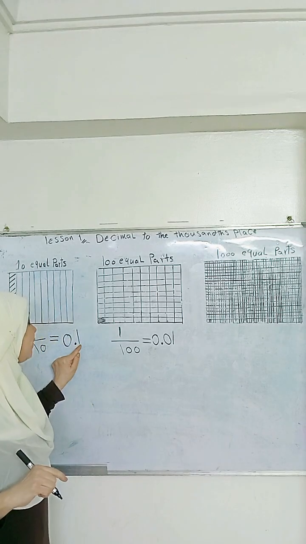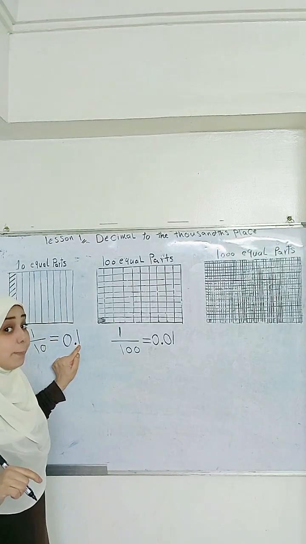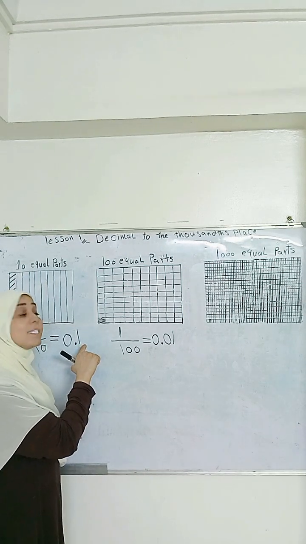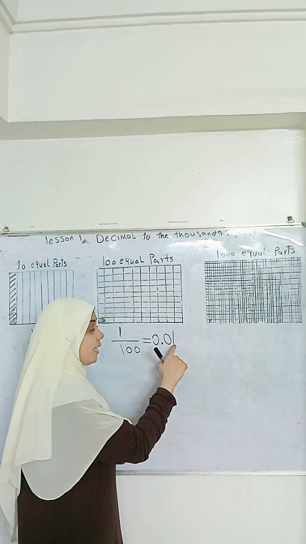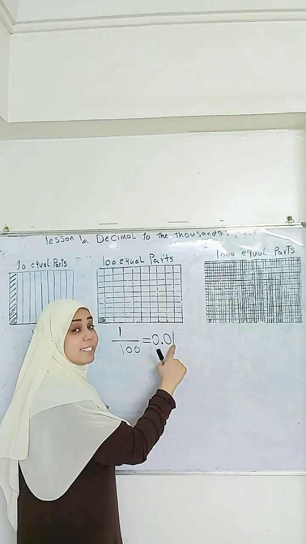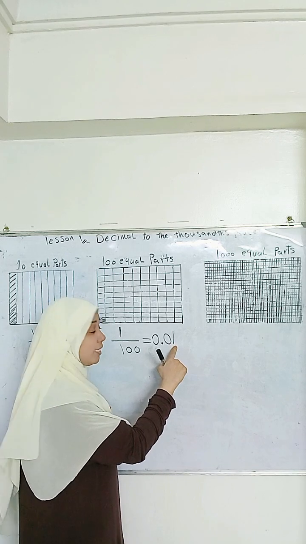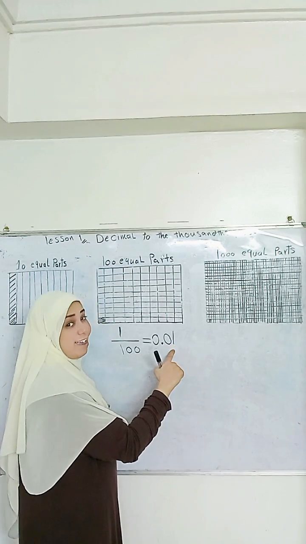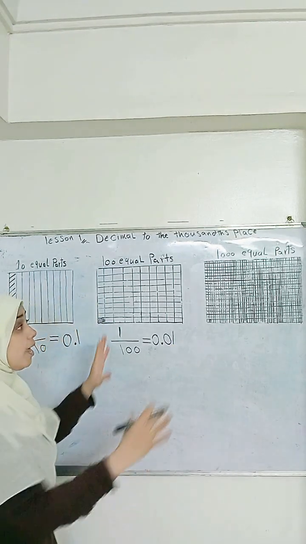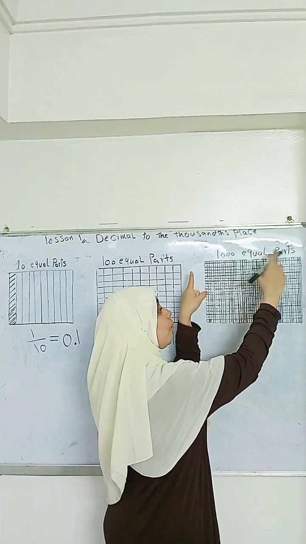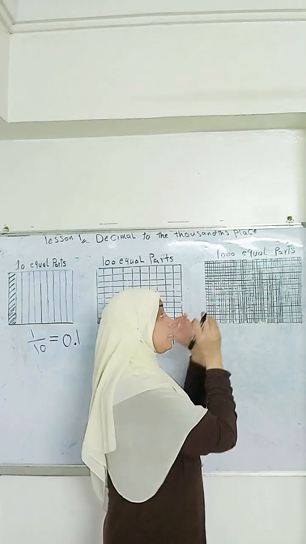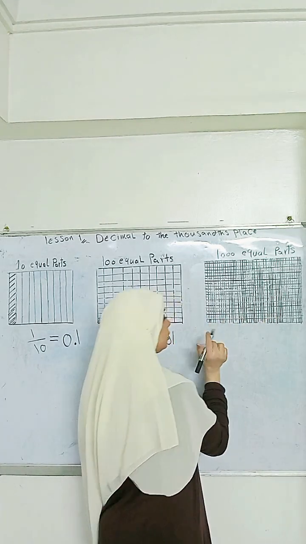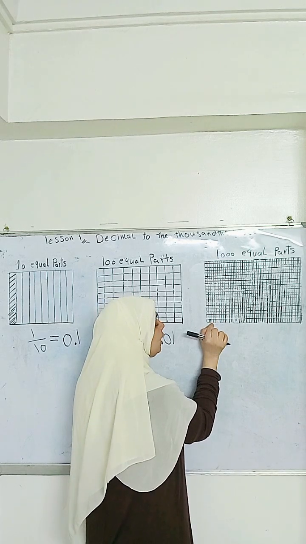Again, the first place after the point is tenths, and the second place after the point is hundredths. How can we read it? Hundredths.